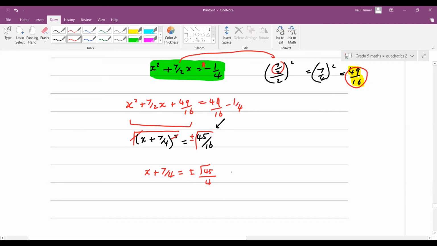Okay. So x will equal minus 7 on 4. So remember, when you move this number, the sign will change. Plus or minus root 45 on 4.